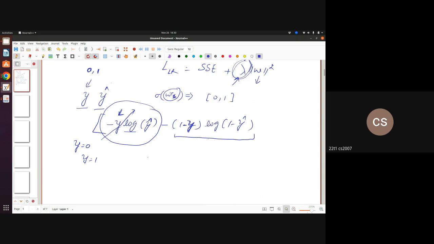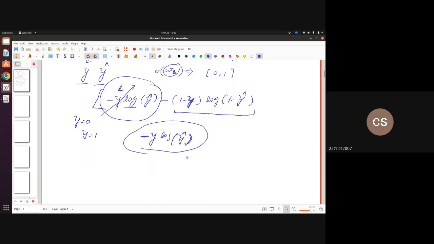All we are doing is negative sign and then the actual y value and then log of predicted y value. This is all we are doing for each class, right? For each class we are doing this and we are aggregating that. In case of binary classification, there are two classes, so this is what we are using.